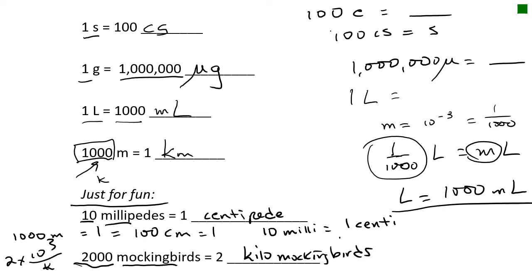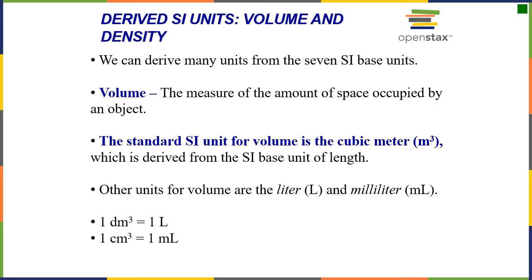I know, sorry. All right, let's make sure we're comfortable on some derived units, meaning based on other units, other smaller or base units. So volume. Volume in chemistry is going to be the unit of a liter. Meter cubed is what it is in physics, and that's just way too big for us. So 1 liter is the same as 1 decimeter cubed.